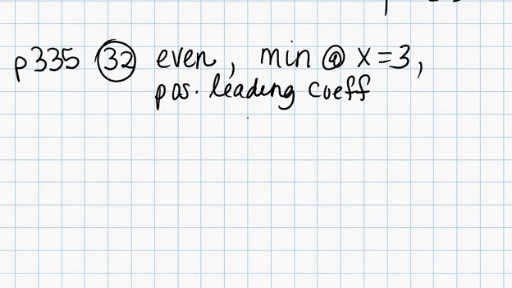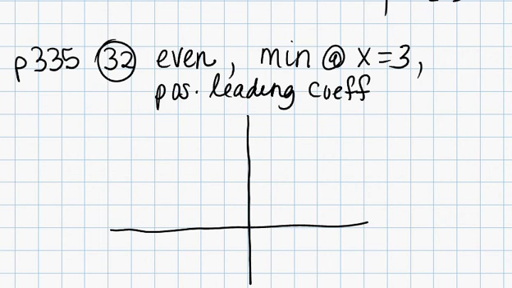So you should have drawn some axes. Even positive means both arrows have to go up. Minimum means we need an upward U shape. So technically we can just draw a parabola that has a minimum at x equals 3. It can be whatever y value you want.